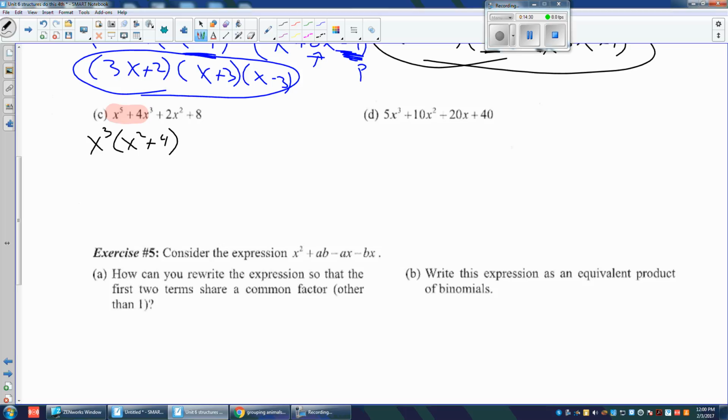And now, can I somehow get an x plus 4 in that part right there? Yeah. If I factor out a 2, I'm left with the x squared plus 4. Now factor out the x squared plus 4. This is not a difference of two squares because it's not a difference, it's not subtract. X cubed plus 2.